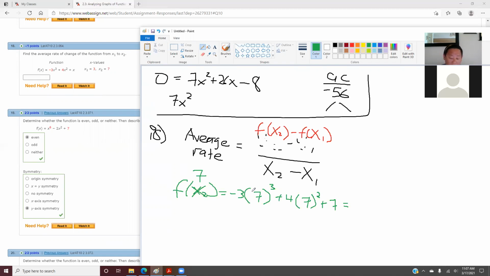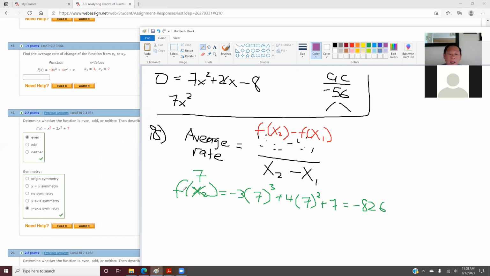That gives negative 826, which is a big number. So this is how you find f of x2.